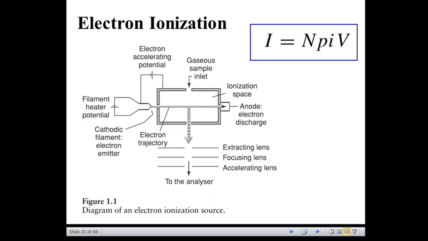And approximately 10 electron volts is more than enough to ionize most organic molecules, because the electron ionization source is a classical example for thermally stable molecules.